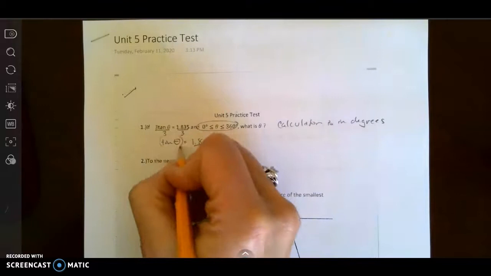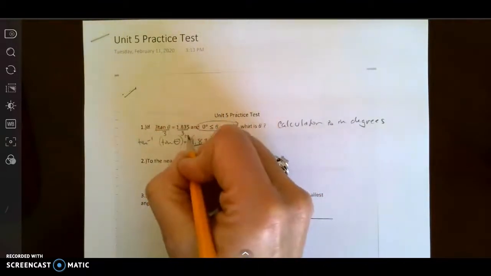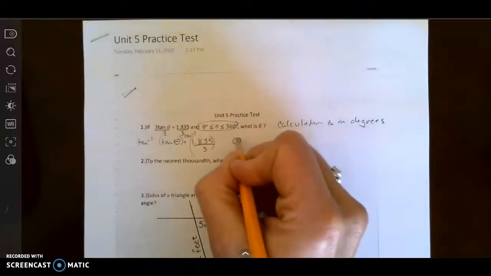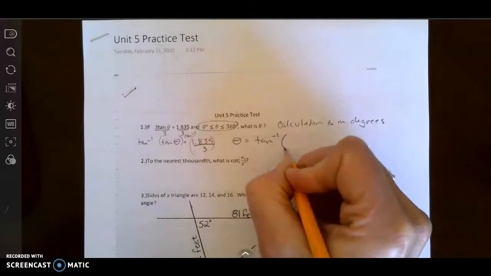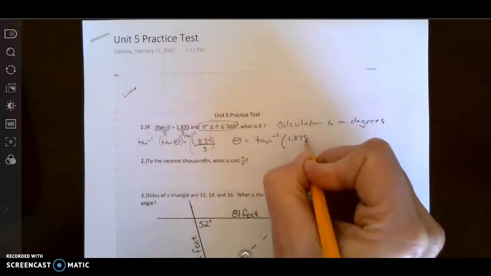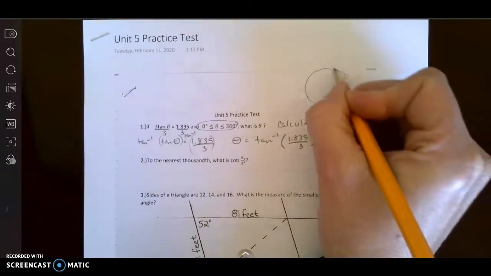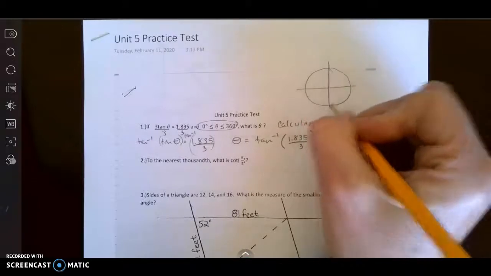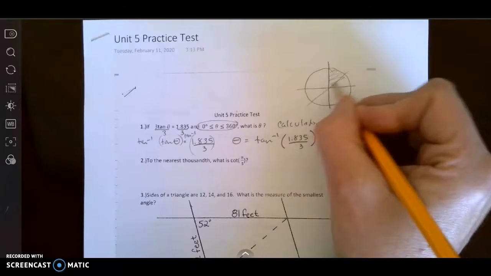I take the inverse of each side. And I get that theta is equal to the inverse tangent of 1.835 divided by 3. Because it's positive, I realize that theta for tangent is positive in these two quadrants here.